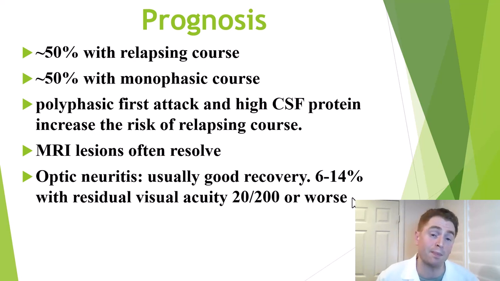And so most people have a fairly good recovery, and I've had patients recover to 20/20 vision, although I've also had patients who have had numerous attacks and have accumulated some significant visual loss, although don't go too much based on my own clinical experiences, because I believe I have less than 10 patients with MOGAD in my entire career, and many of them weren't diagnosed with MOGAD early on because antibody testing wasn't even available.